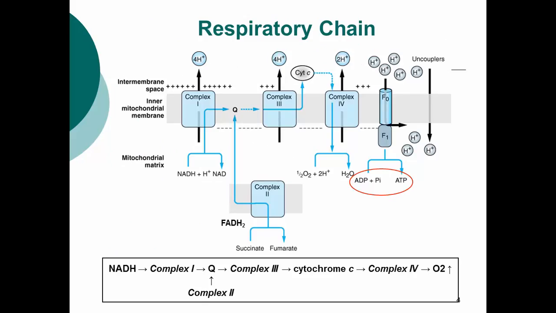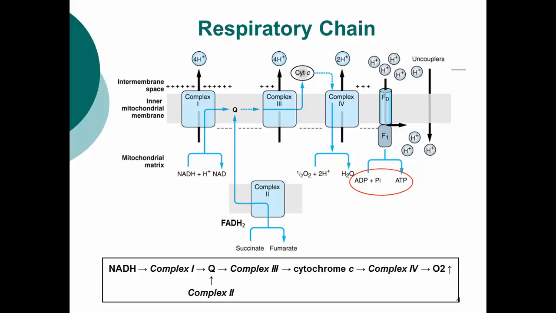So this is a diagram showing this, and you also want to remember that NADH transfers electrons to complex 1 and then 3 and 4. Again, these 3 complexes are located in the inner mitochondrial membrane, so they are able to generate a proton gradient, right?